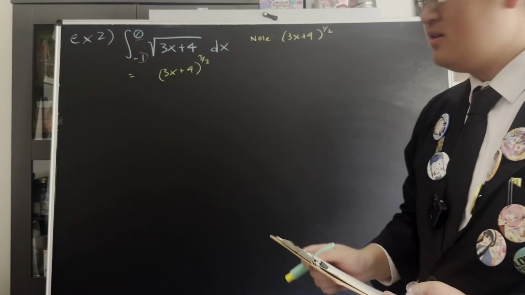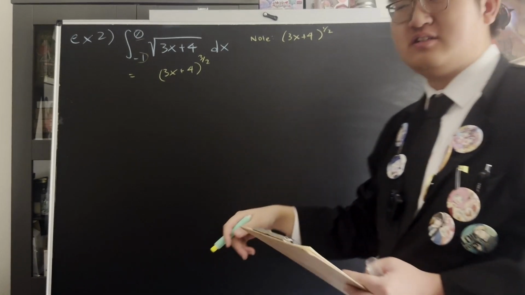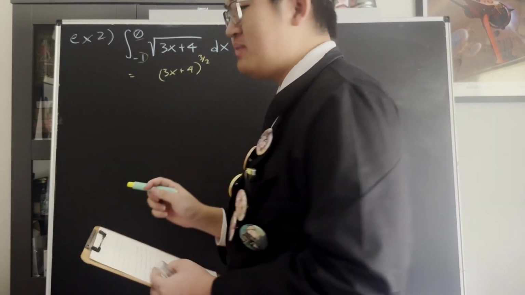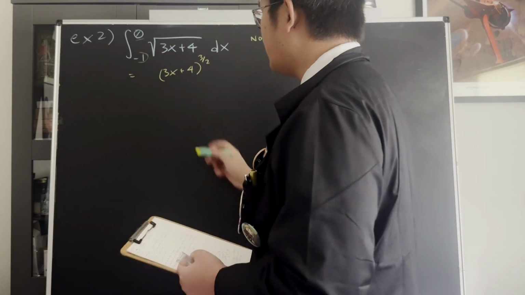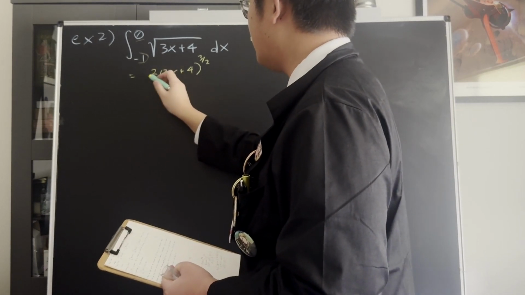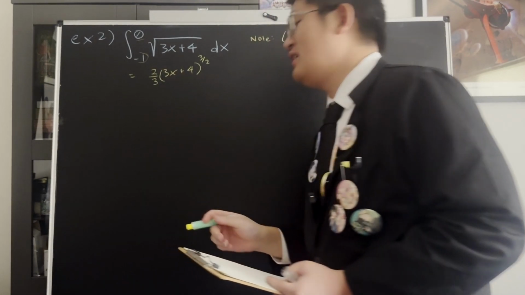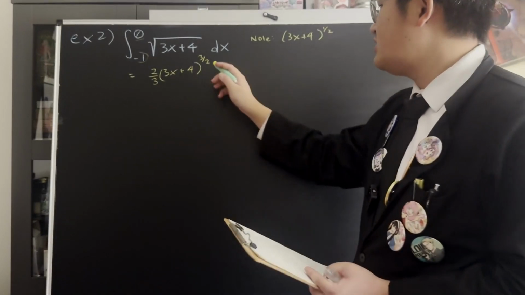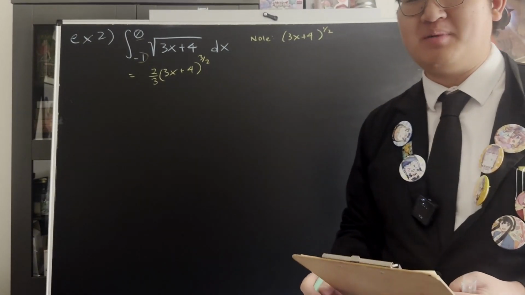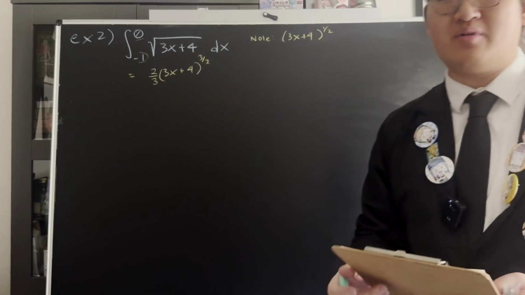Because we're raising to the 3/2 power, if we're going to check that work, we need to make sure that we slap on a 2/3 coefficient to match and remove that 3/2 coefficient coming down.